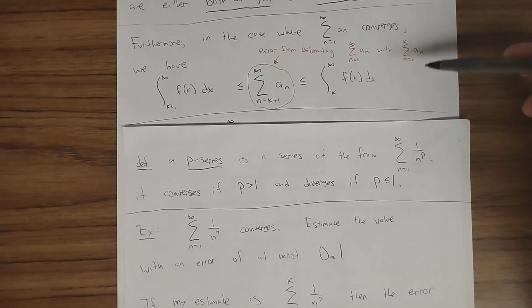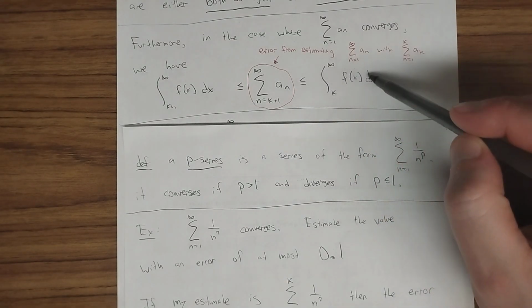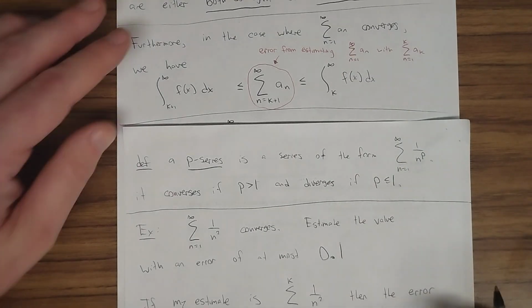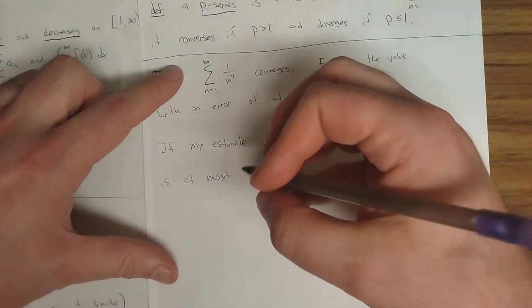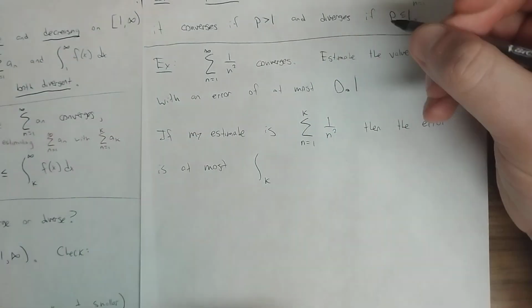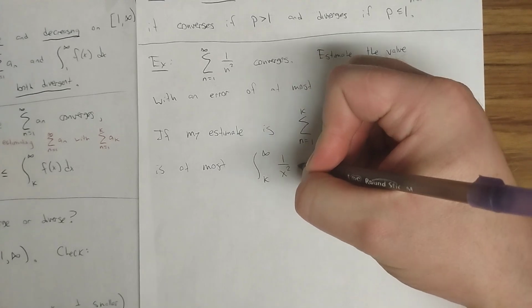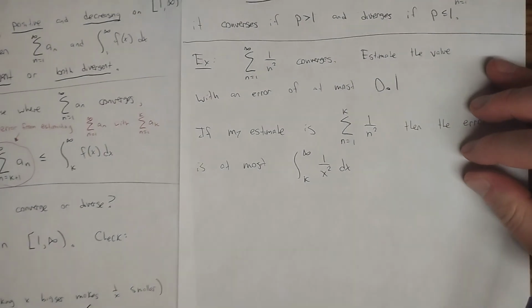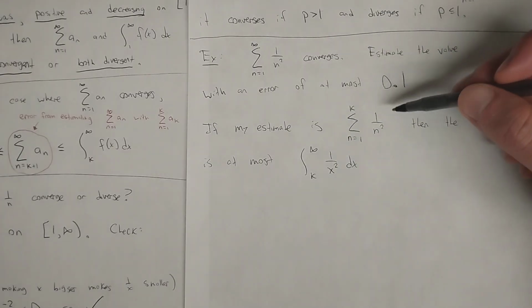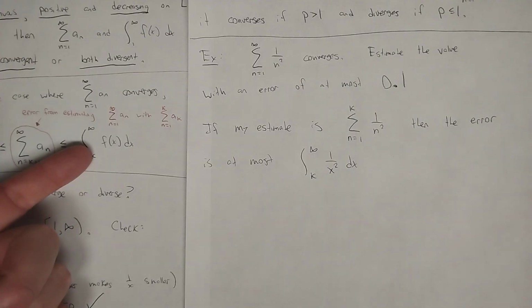That's the amount of error. And on the upper end, this is telling me that the error is at most this. So my function f is 1 over x squared because my series is 1 over n squared. And so I just wrote this down.